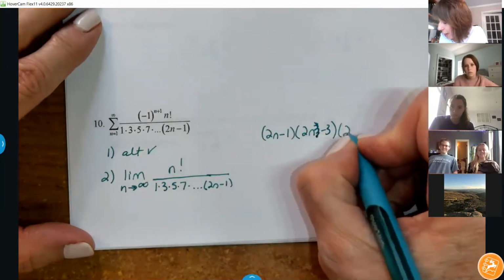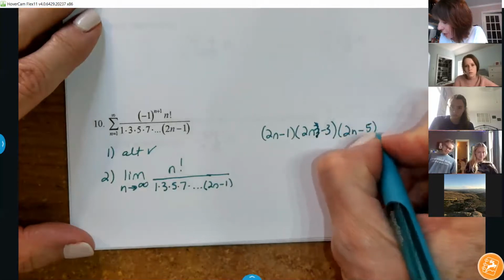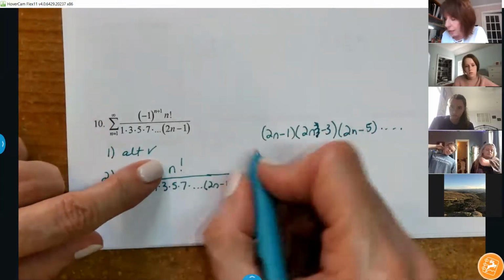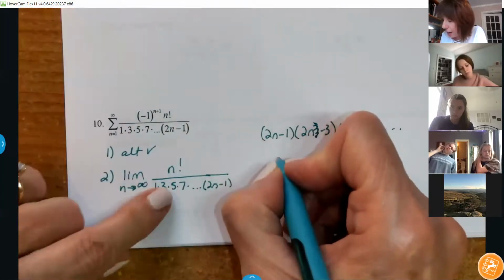Now that I started writing that, I don't think I want to do it this way. I think I want to go the other way. I think I want to write out what n factorial is.